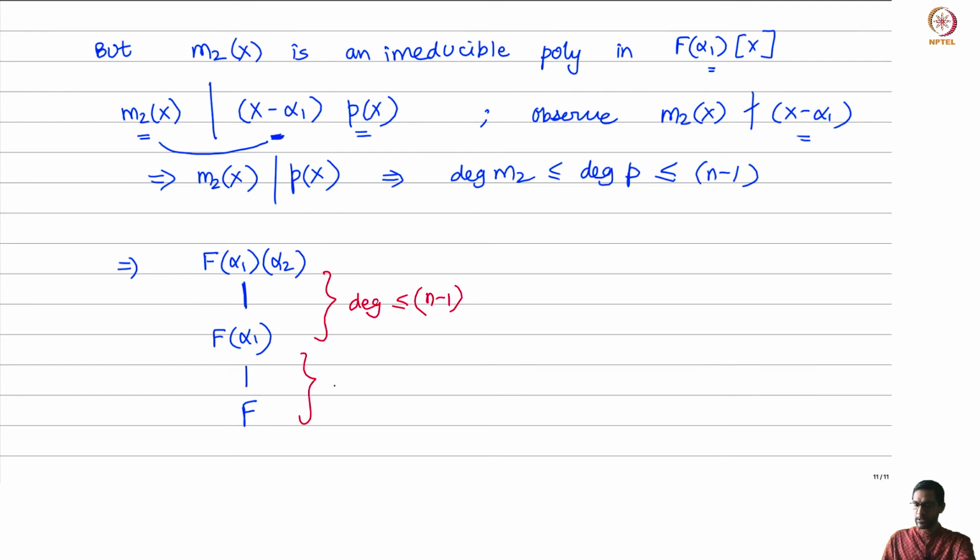Okay, and this we had already seen has degree at most n. Okay, so by the way, f alpha 1 adjoined alpha 2 is just what we call f adjoined alpha 1 alpha 2. It's the same thing really. So this degree is at most n minus 1.